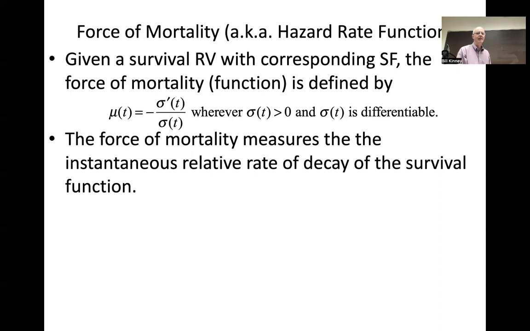Relative rate of decay is like a percent rate of decay. And how do you compute the percent change of something? Like if your bank account goes from $1,000 up to $1,100, the change has been 100 from 1,000 to 1,100. The percent change has been 10%. You took that change of $100 and divide by the starting amount of 1,000. 100 divided by 1,000 is 0.1, 10%.